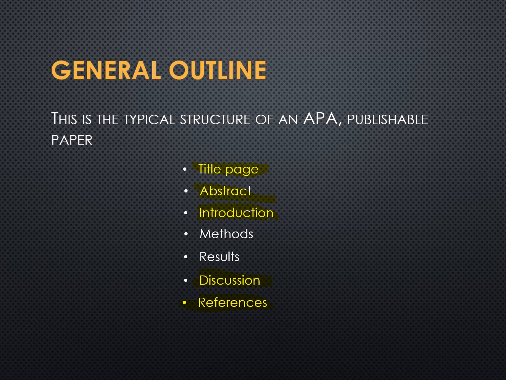If you were writing an original research paper for publication, you would likely have a methods and results section, but that is not the purpose of this class, as this is just an intro psychology course. But it might be useful to know some of this information if you are pursuing a career in psychology.